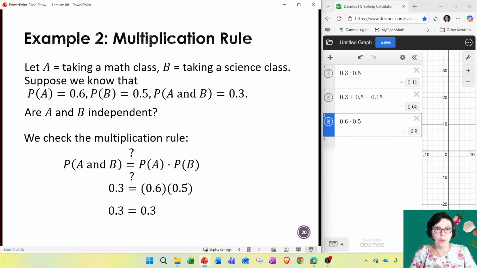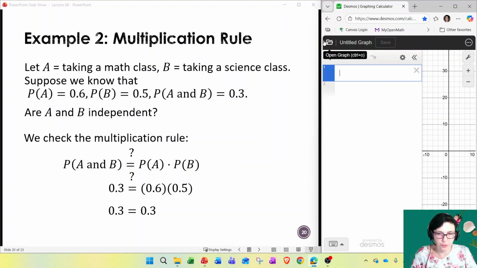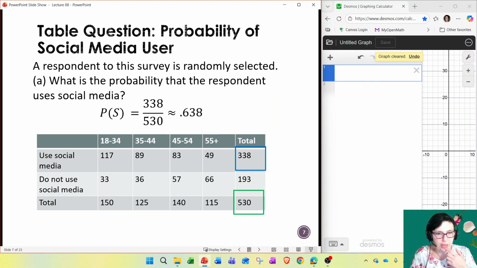Now, I want to go back really quick to the question we looked at before, which is the table question. So this was a question where social media user was one of the events, and we found that the chance of a social media user is 0.638. That's what we found before, so I'm not going to repeat it.